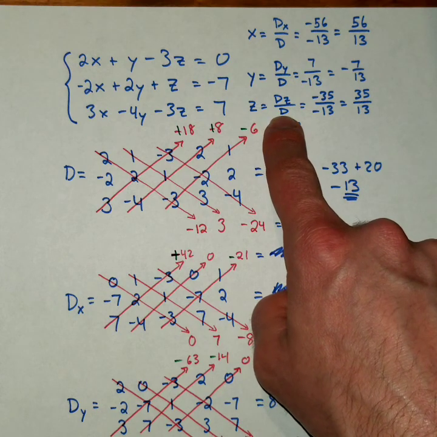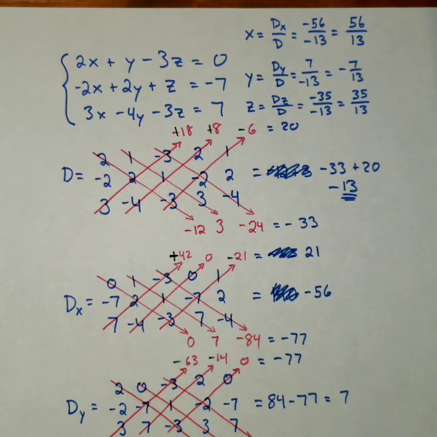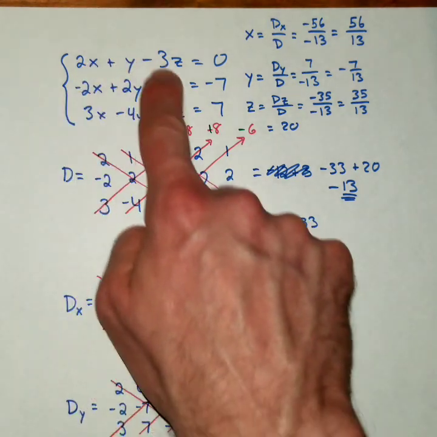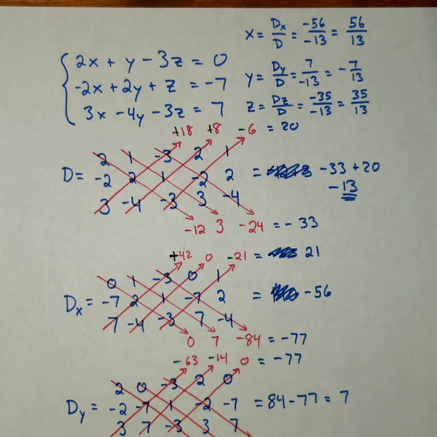Anytime that happens, you have one of two situations. Either you have infinite solutions or you have no solutions. Unfortunately, Cramer's rule does not tell us which one it is. And so you would have to resort to a different method, either substitution or elimination or a calculator matrix, in order to actually solve those. So if you ever get a D value, this determinant of just the coefficients, to be 0, Cramer's rule does not work. You have to use a different method to figure out whether it's infinite solutions or no solution.